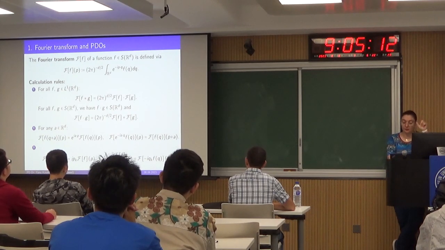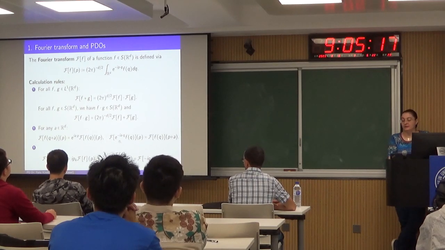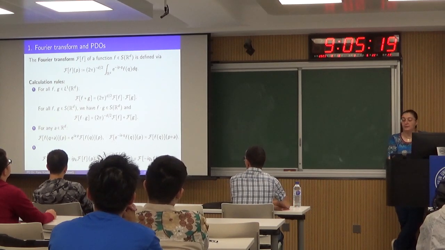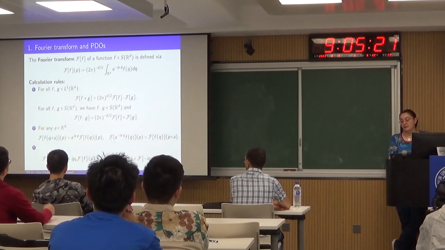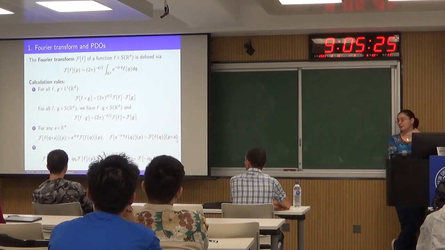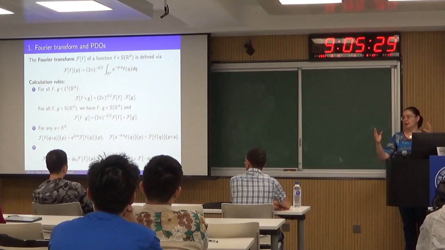And again, there is a duality: if we first multiply with a factor of this type and then apply the Fourier transform, it is the same as applying the Fourier transform to the original function and then shifting. So again, a duality between the operation of shifting the function and multiplication with this factor.